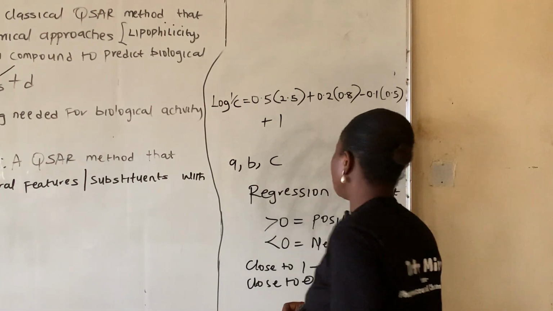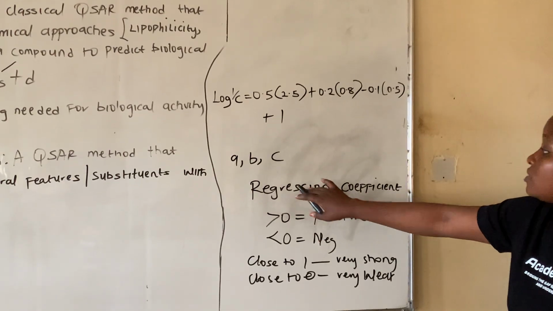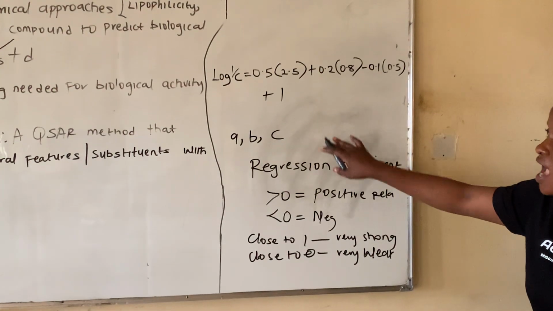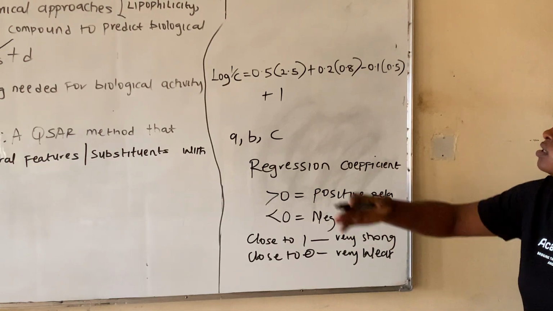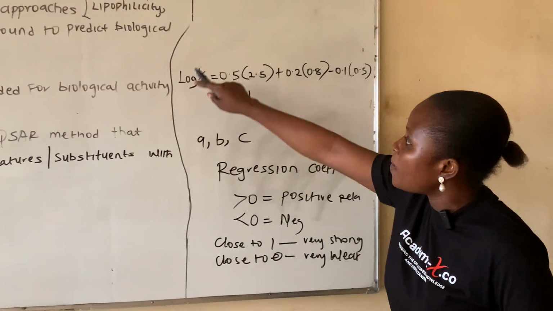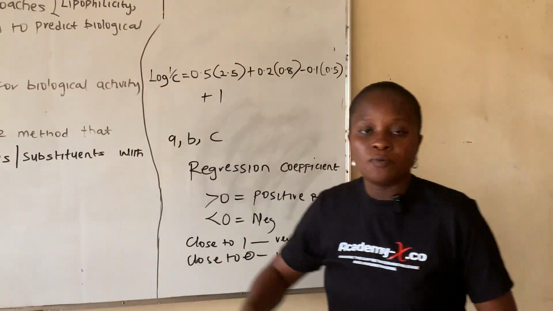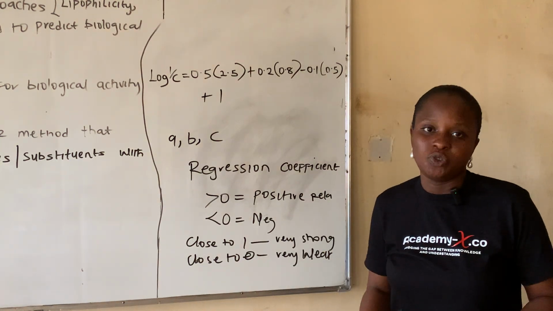So we've been able to establish that regression is a statistical method that helps us to describe or predict the strength of the relationship between the physicochemical properties of a compound and its biological activity. It helps us to predict the strength. It also helps us to predict the direction of this relationship.